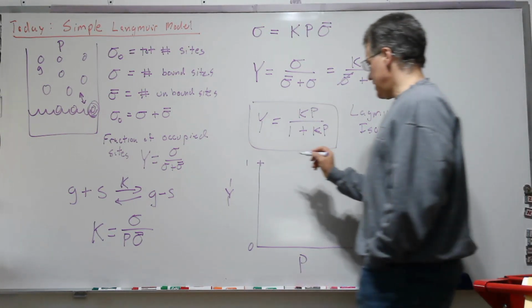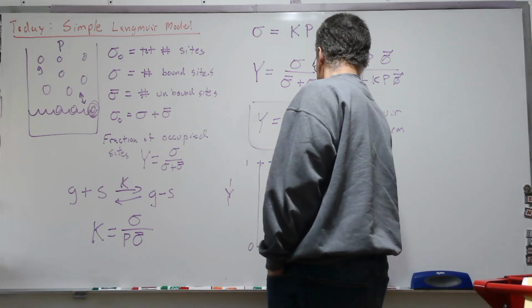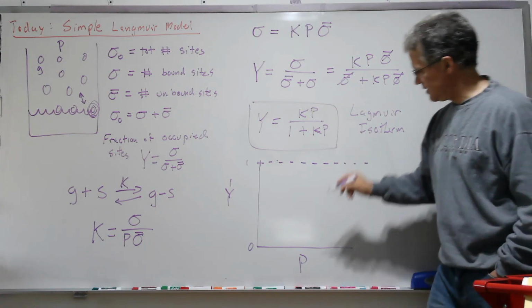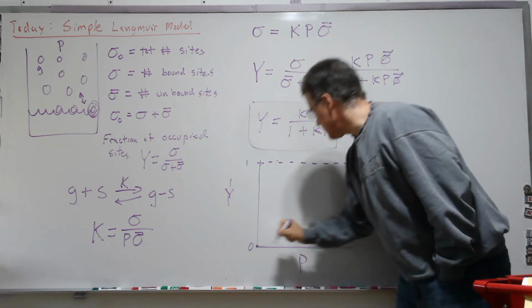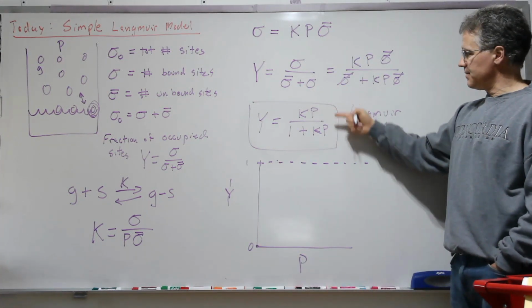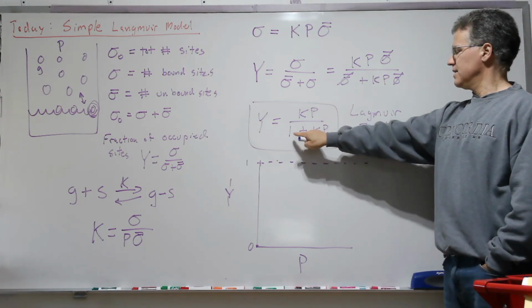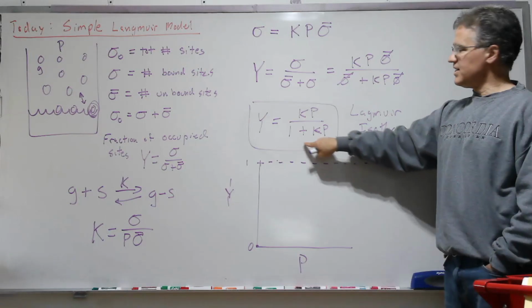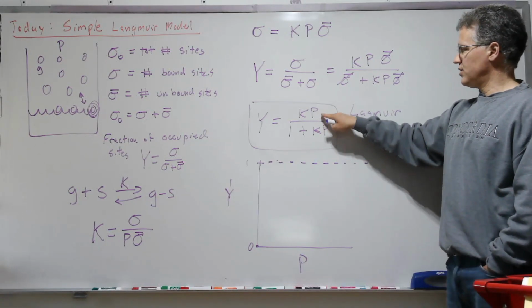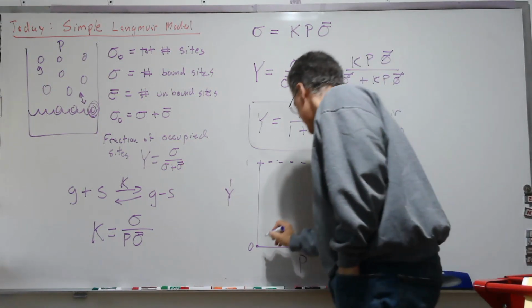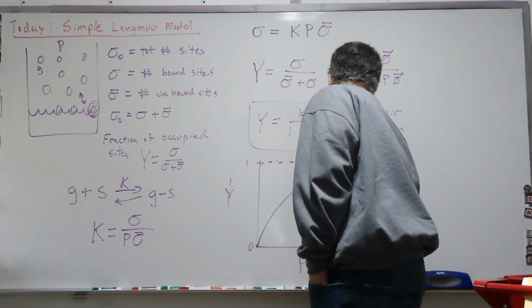Now what we see is that if p is 0, then we get 0. But if p becomes very large, right, we get Kp plus 1 being essentially Kp. And so this approaches Kp over Kp, which is 1. So this will asymptotically approach 1.